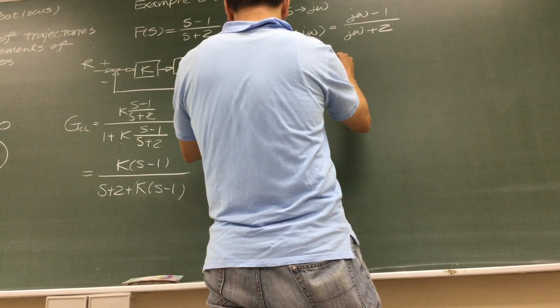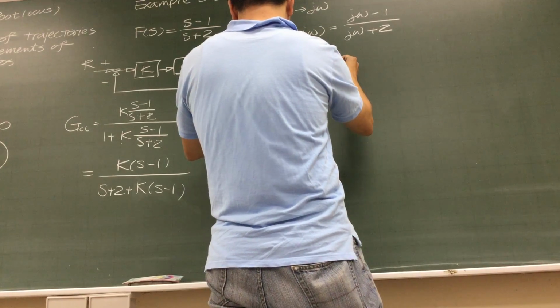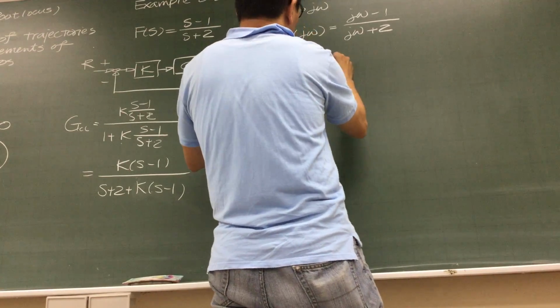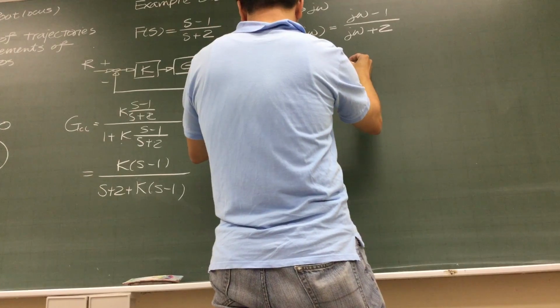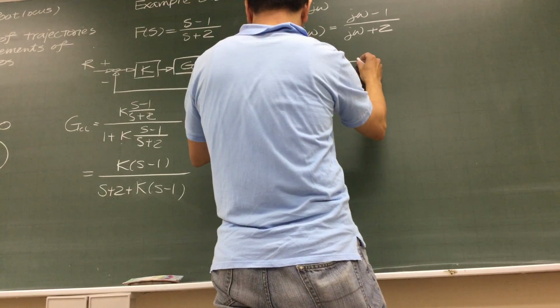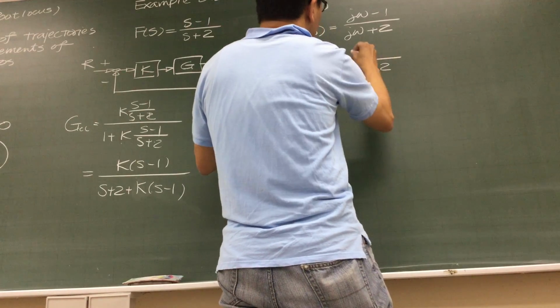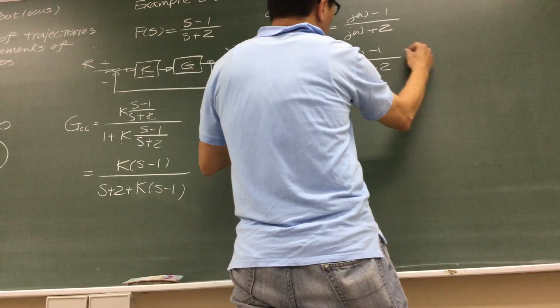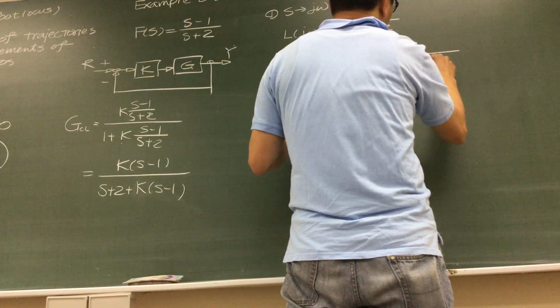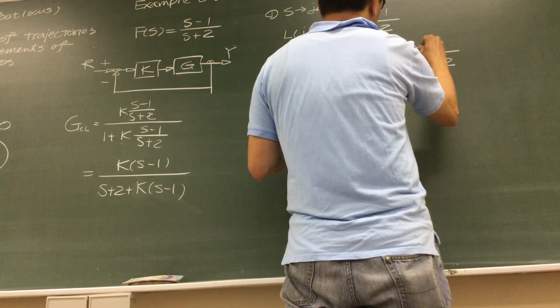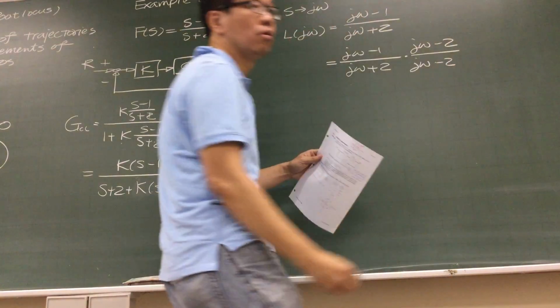So when we do something like this, we do or we don't, it doesn't matter. What we're trying to do is we have jω + 2, jω - 1, jω - 2, jω - 2.